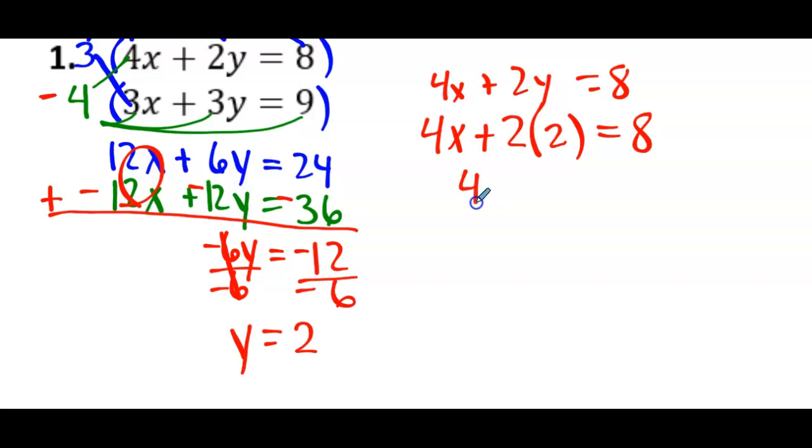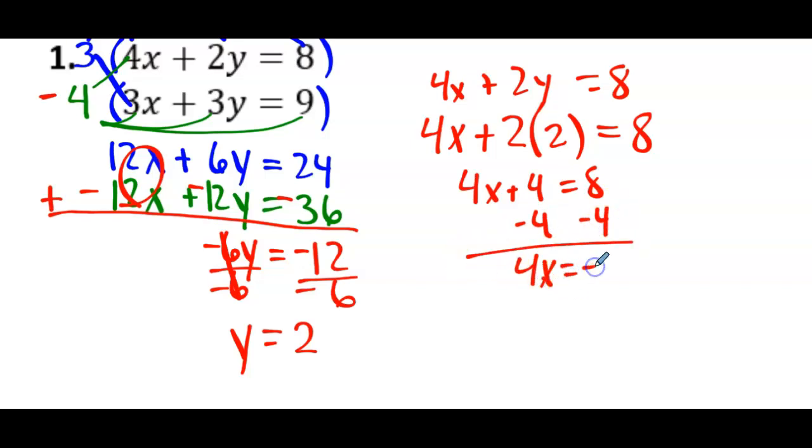Okay, 4x plus 4 equals 8, minus 4, 4x equals 4, divide both sides by 4, and my answer is, whoops, I almost said 2, but x equals 1. This is my x, 1, 2.